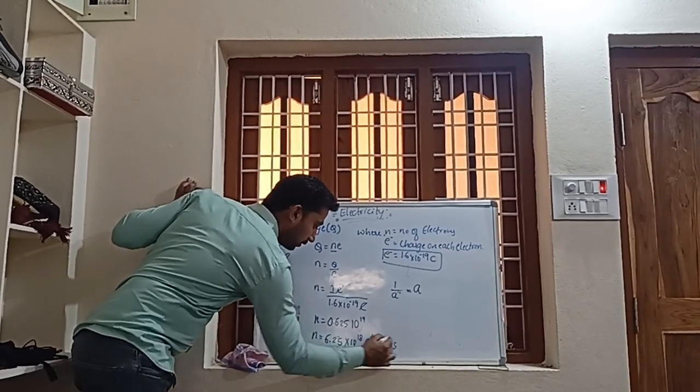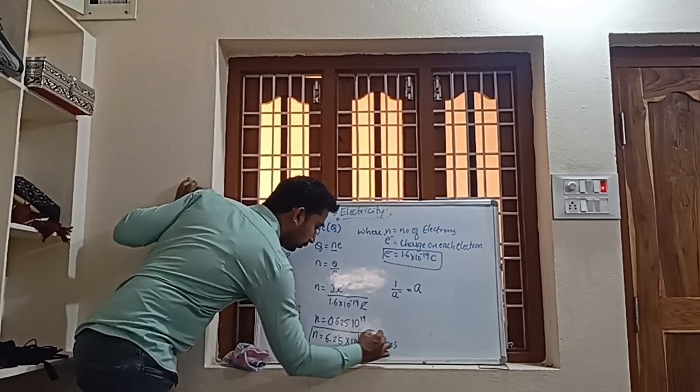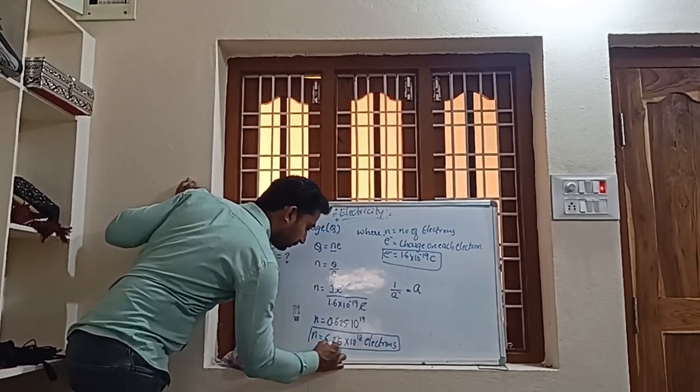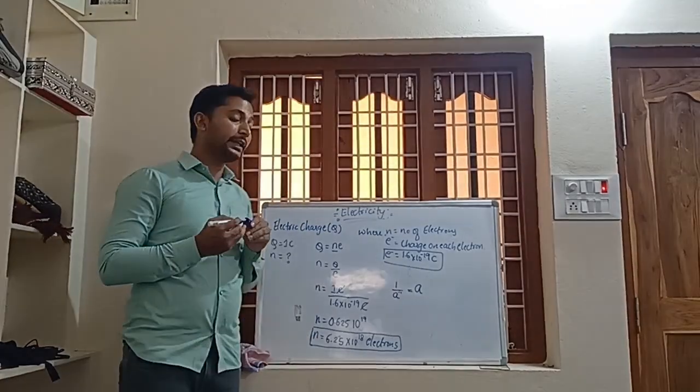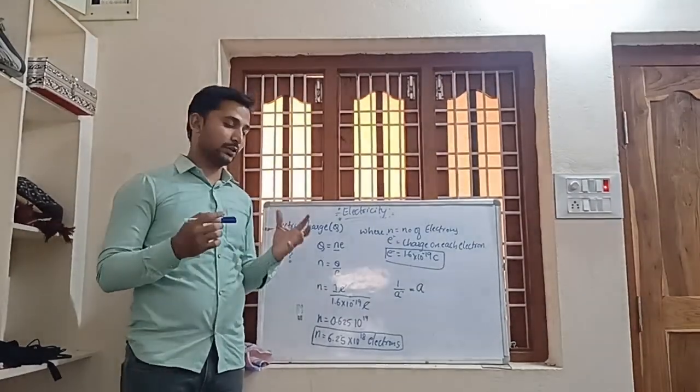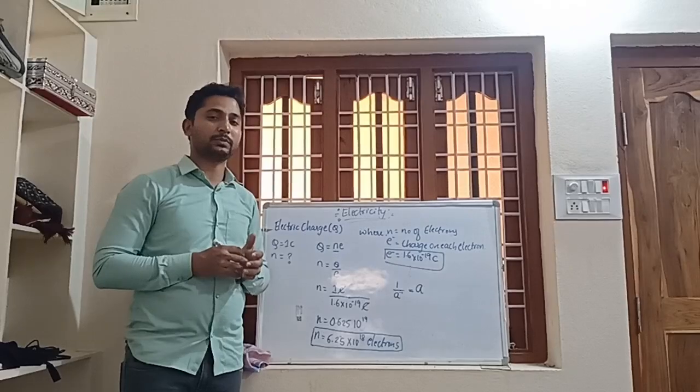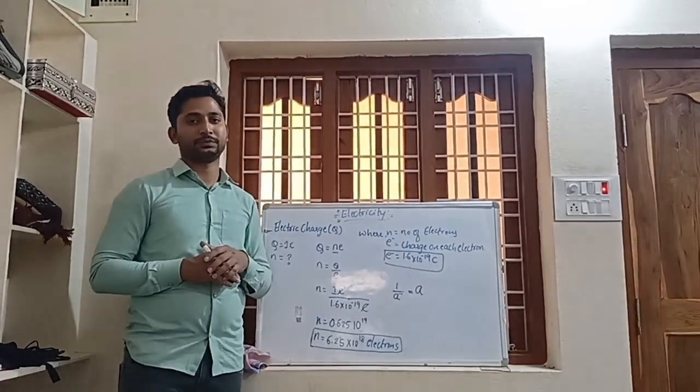So it means 1 coulomb of charge contains 6.25 into 10 raised to power 18 electrons. It's a huge number of electrons present in only 1 coulomb of charge.